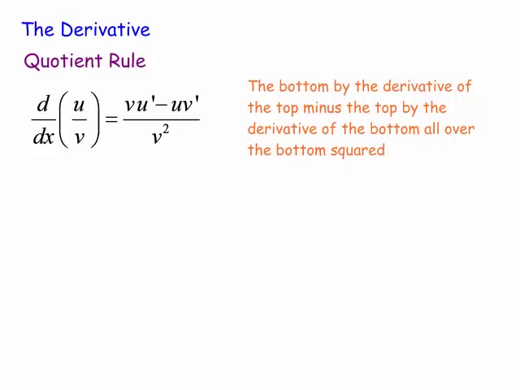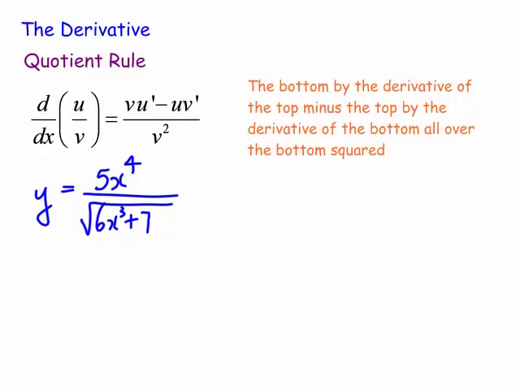Okay, let's have a look at a function now. Let's make up one. Say y is equal to 5x to the power 4 all over the square root of 6x cubed plus 7.